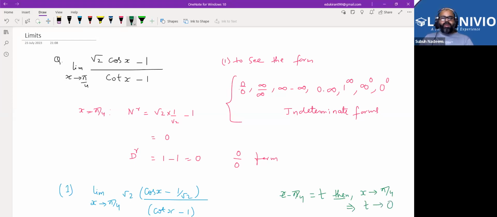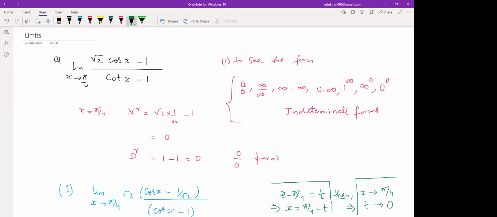So the question will now be in terms of t, and you can substitute x everywhere in terms of t. So x minus pi by 4 is t, means x is equal to pi by 4 plus t. And then you will change the limit also in terms of t.